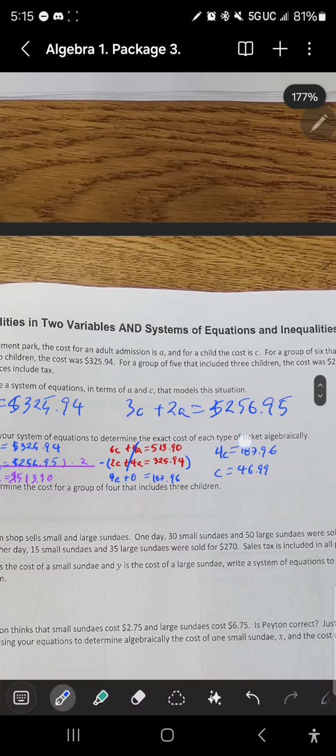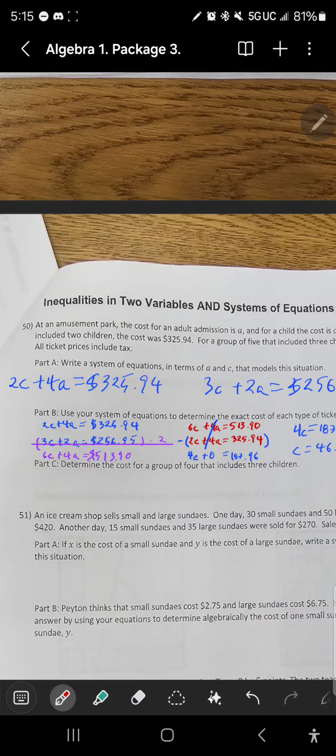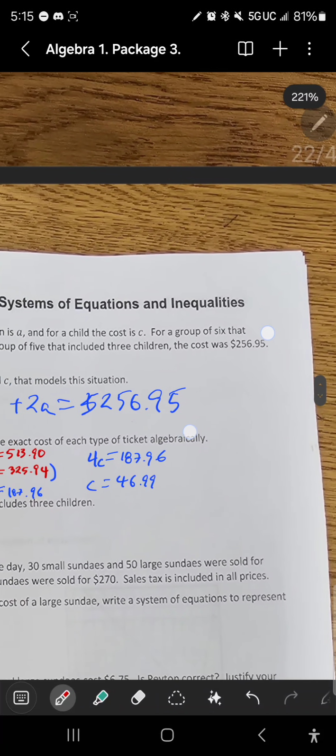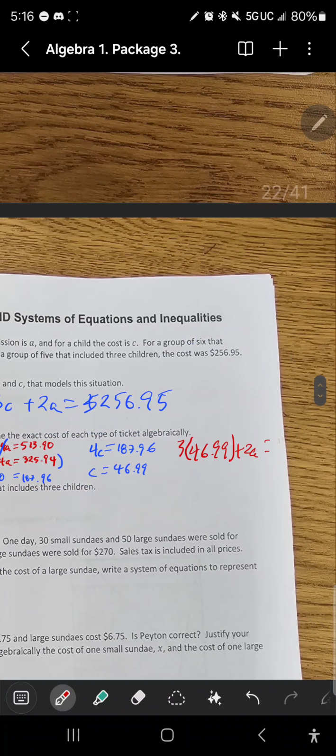If I want to know the value for A, I can use either of the two equations. So I'm just going to use this one that I have right here. So I will say 3 times the value we got, 46.99, plus 2A is equal to 256.95.